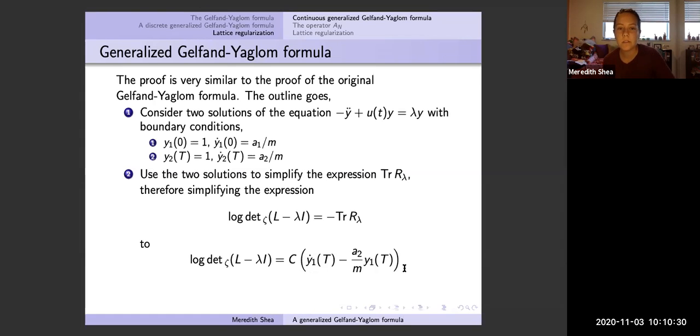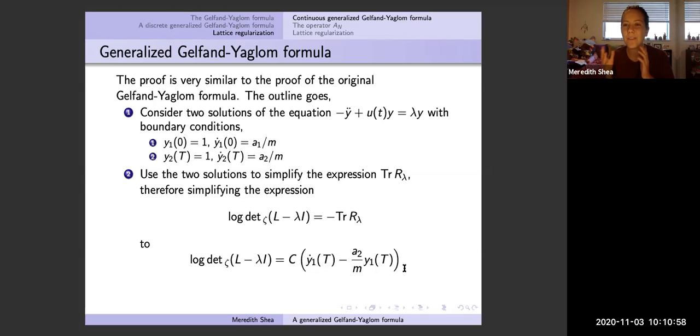So using the two solutions, we're able to simplify the expression, the trace of the resolvent. I should back up as I say this, because we do need to think a little bit about our operator L. It's Sturm-Liouville. It's got a nice discrete spectrum that goes off to infinity, and as things get large, the eigenvalues are behaving quite nicely.